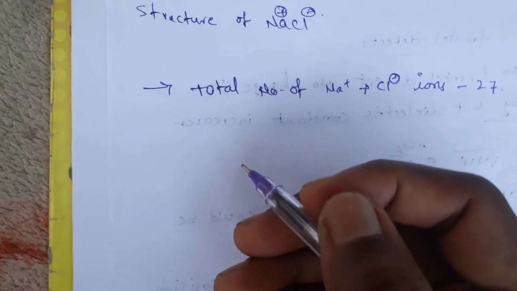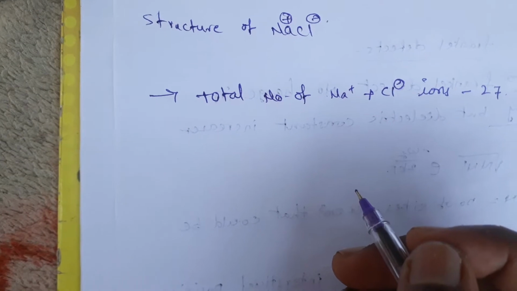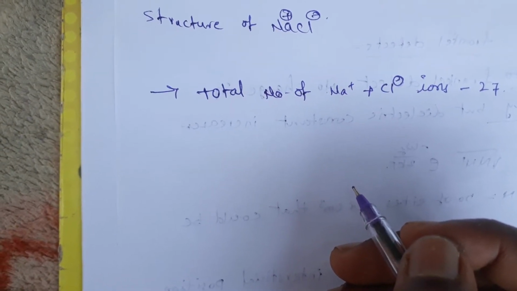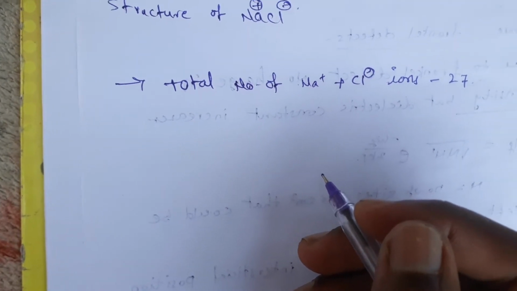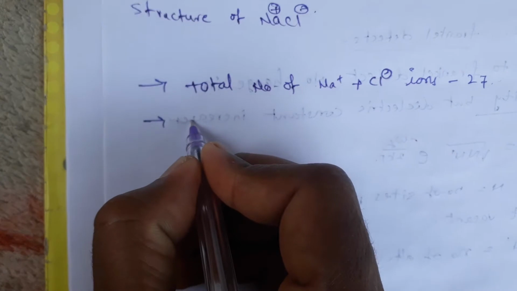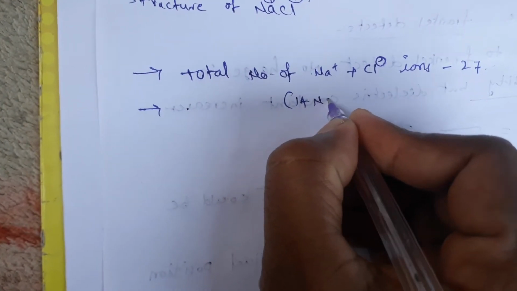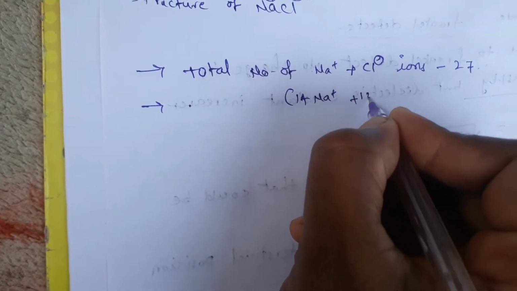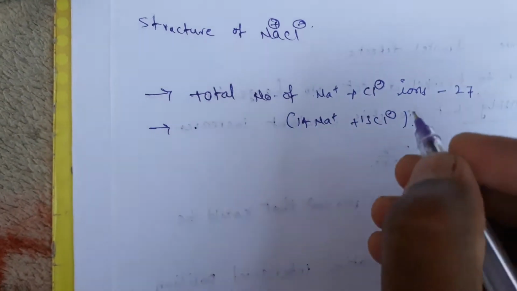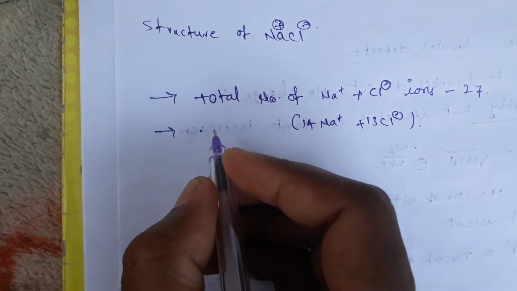So if you draw the structure of this FCC structure, you can find out that total number of atoms present are 27. So next thing is, in that 14 are Cl minus ions and 13 are Na plus ions, or it may be 13 Cl minus or 14 Na plus ions.